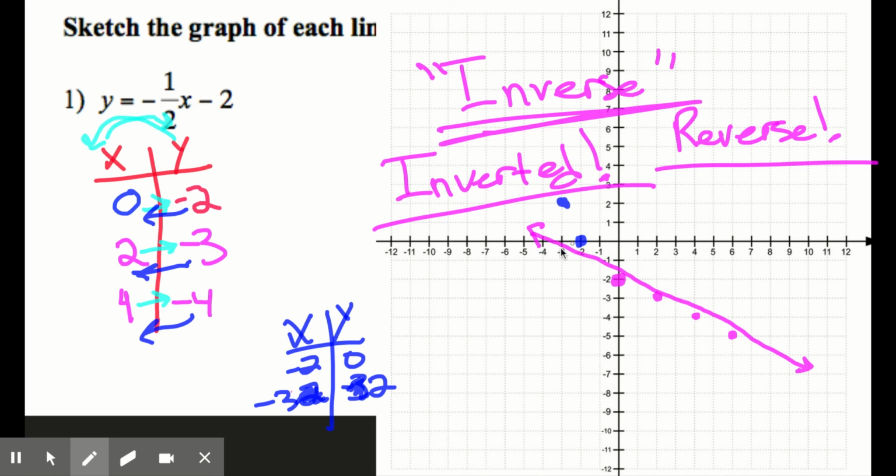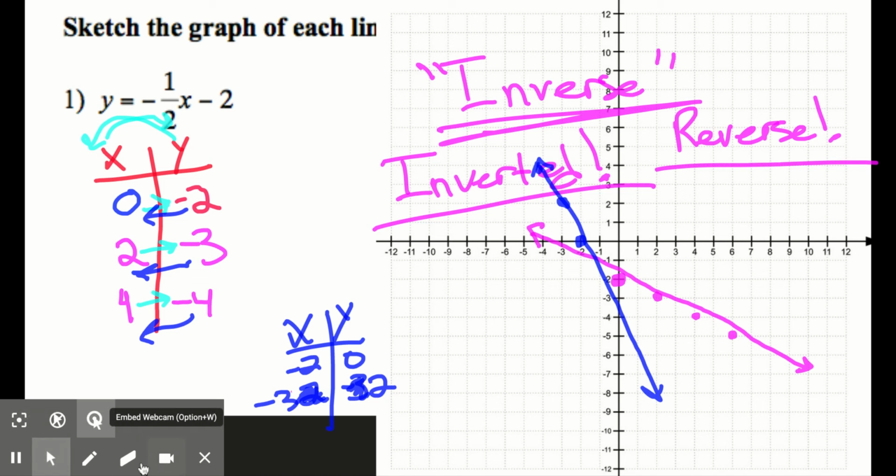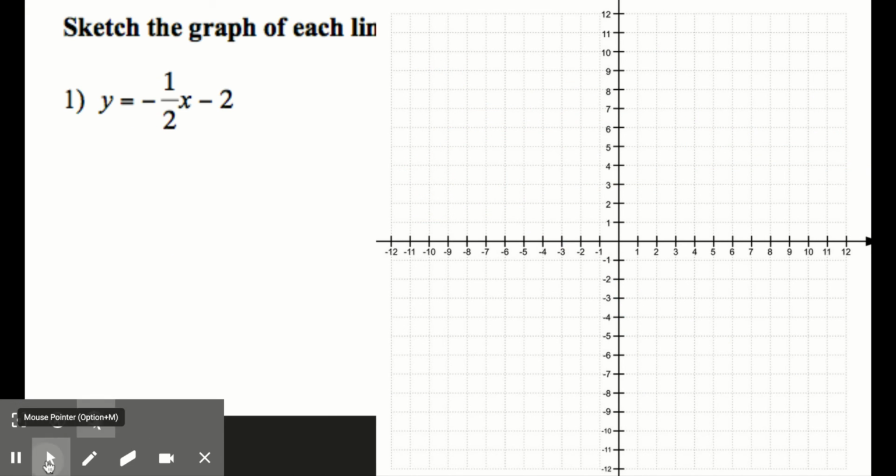We keep going. Negative 4, 4. So a totally different looking line. That is the inverse here. We've swapped inputs and outputs.